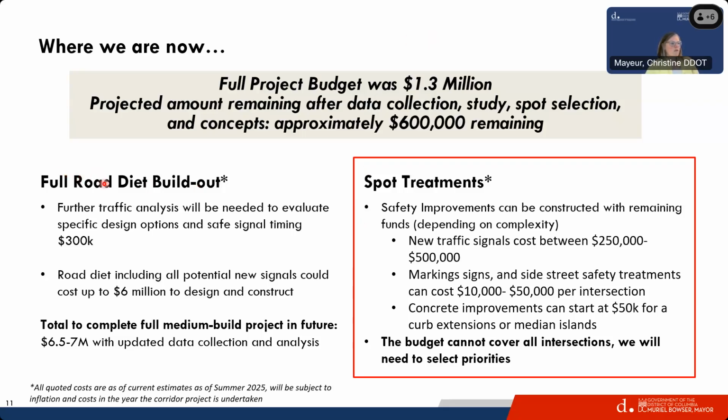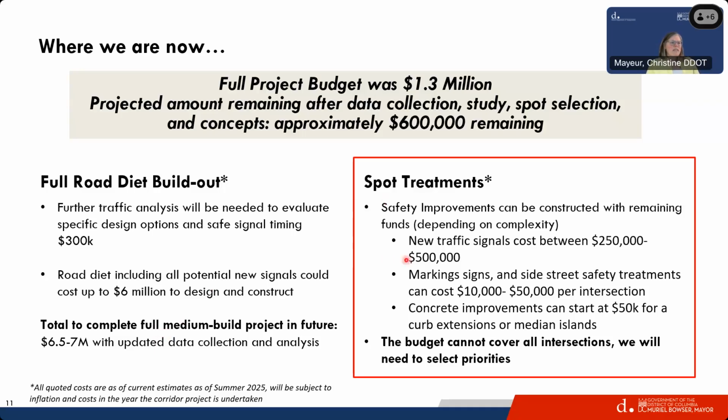For a full road diet build out, in looking at additional traffic analysis that may need to be done in future, road diet configuration changes, including any new signals that are recommended, could be about $6.5 to $7 million total to finish out a project in future. So just to give people a perspective of what that would take versus what we have.